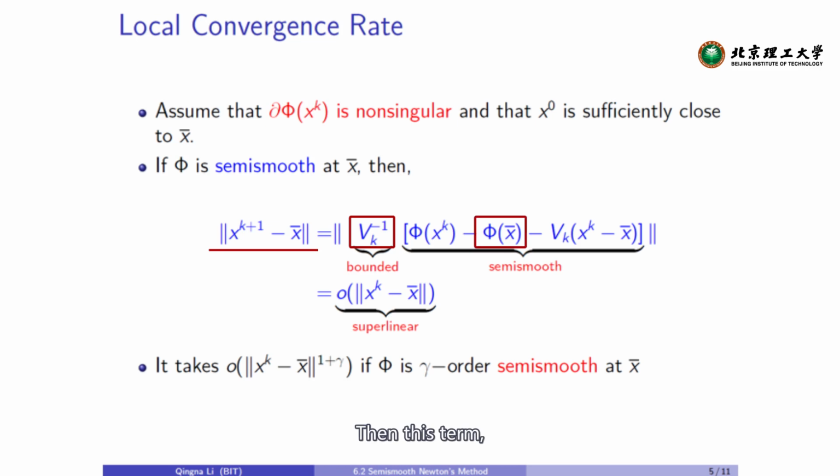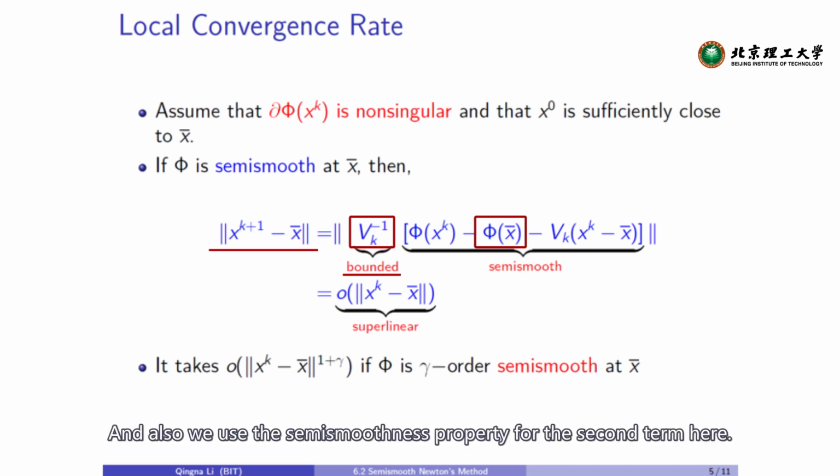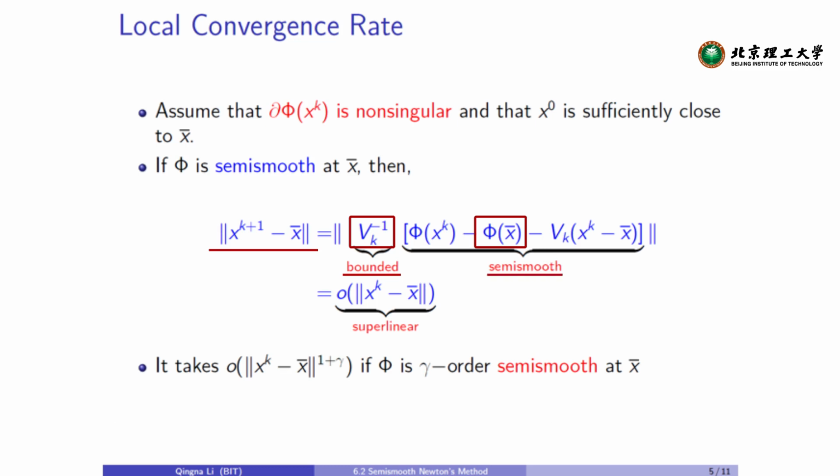Then if we take a further look at this term, we can see that by our assumption, the inverse of Vk is bounded, okay? And we also use the semi-smoothness property for the second term here, and we can see that this term is a higher order of the distance of xk to x bar.